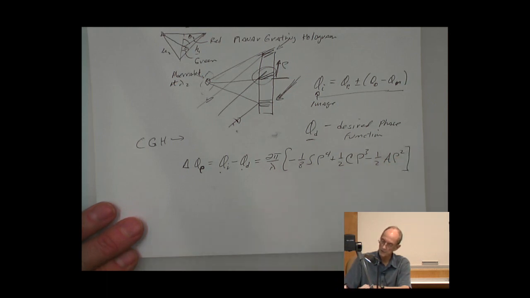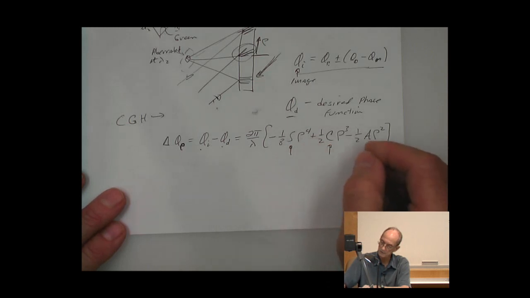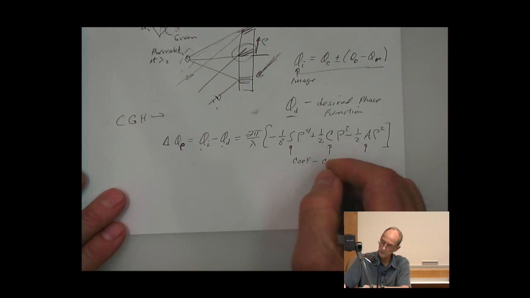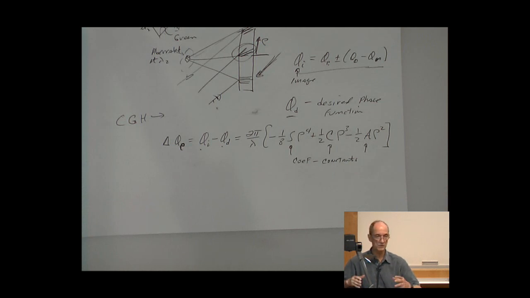So now these are coefficients, and they're also constants that are functions of the point source holograms that you would use to construct holograms that would actually form certain aberrations.